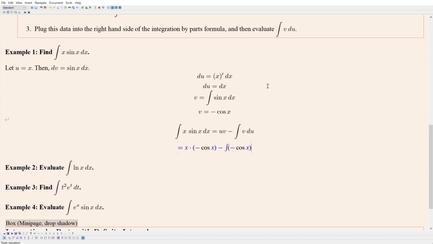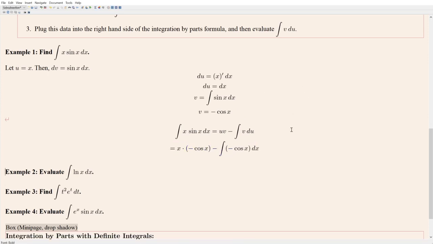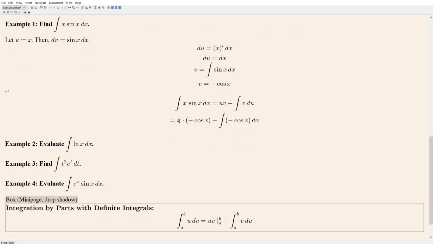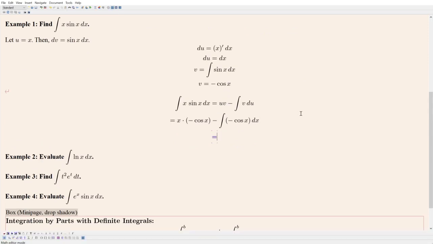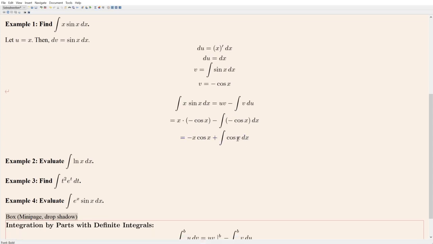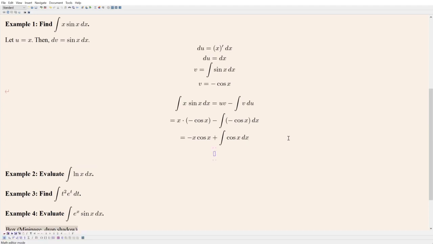So du is dx. Okay, so now all we need to do is evaluate this stuff. And this is indeed much more tractable than what we started out with. So let's see, minus a minus becomes plus. And what is the antiderivative of cosine? Well, that is just sine.